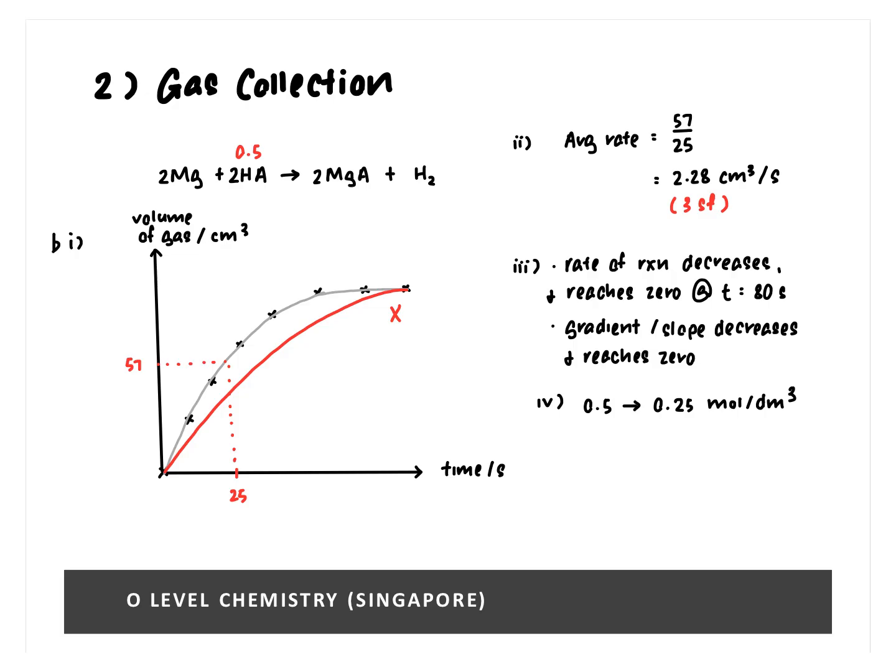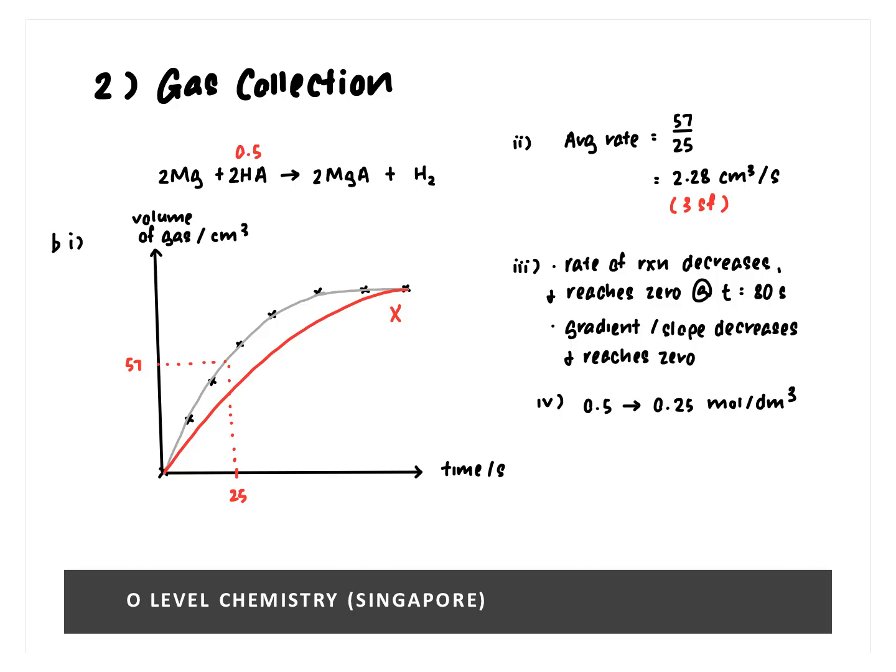The next part of question 2 requires you to plot a graph. This again is nothing new. If you have practiced the past year papers, plotting of graph is a common feature in your O-level exam. So after plotting the graph, students were required to draw a curve of best fit, and then from there obtain the average rate over 25 seconds. So again, if we were to look at the 2020 paper, this is a similar task.